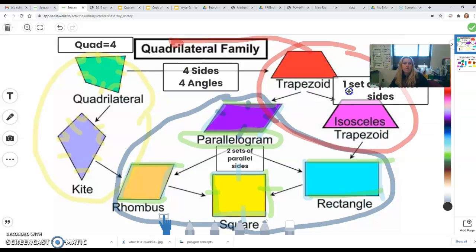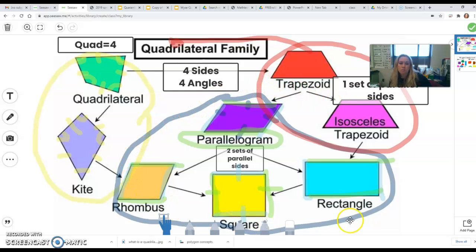Okay. So when you're explaining and giving me attributes of these shapes, if I was talking about these two, I could say they have four sides, four angles, and they are quadrilaterals.